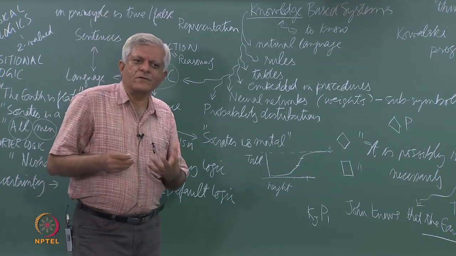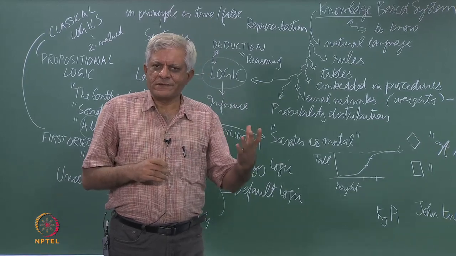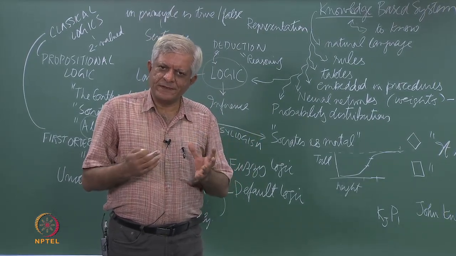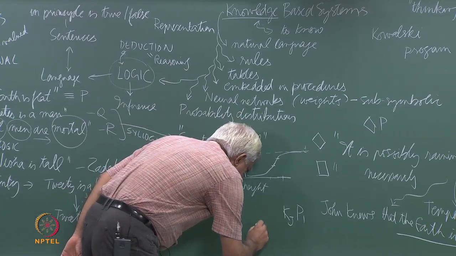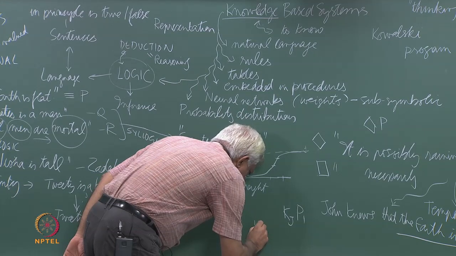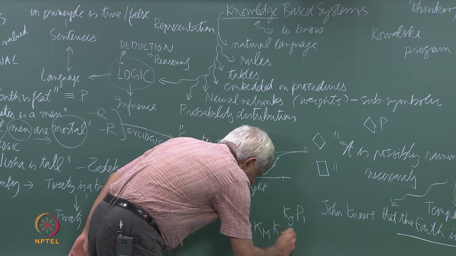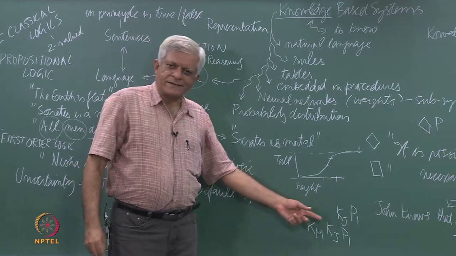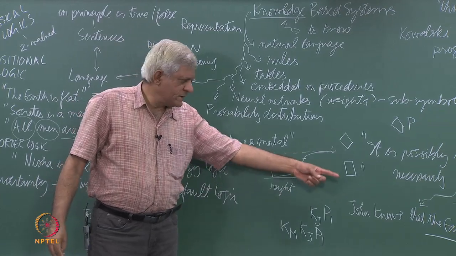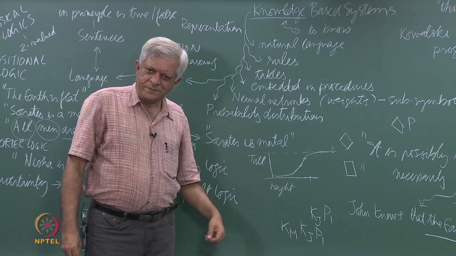So, one can now talk about someone knowing some things, but one can also talk about statements like this, that this is another sentence in this epistemic logic, and let us say M stands for Mary.